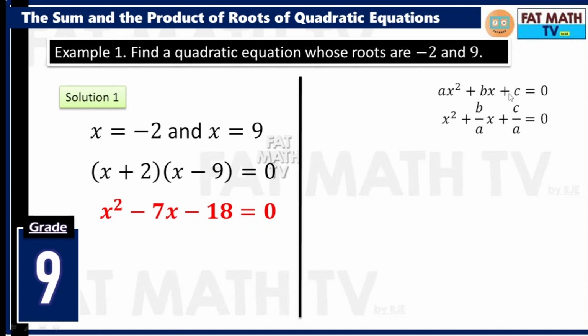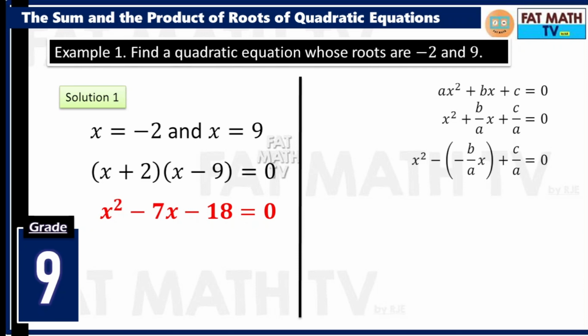And then c, this is going to be c over a equals 0. As what you can see here, we have b over a and c over a. So c over a is the product of the roots, while b over a is the negative of the sum of the roots.